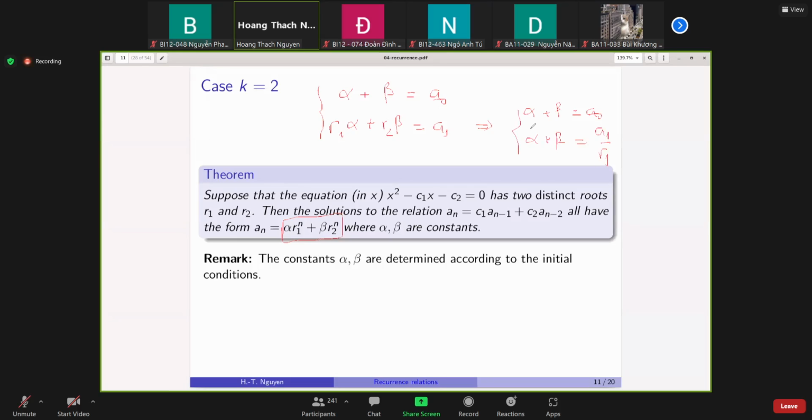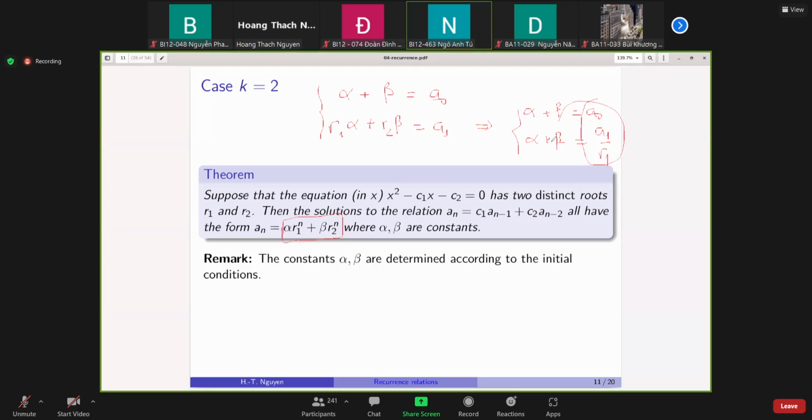Okay, so in general, there is no reason for these two values to be equal to each other. So this formula for the general term doesn't work for the case where we have a double characteristic root.